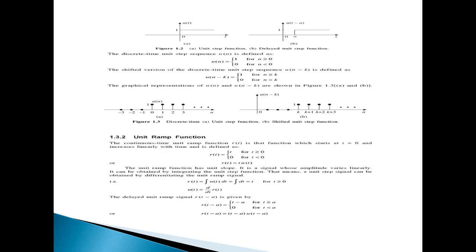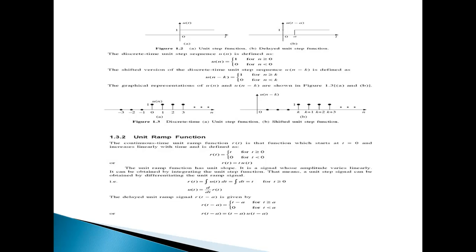R of t is equal to t for t greater than or equal to 0, and 0 for t less than 0. The relation between ramp and step: R of t is equal to t times mu of t.